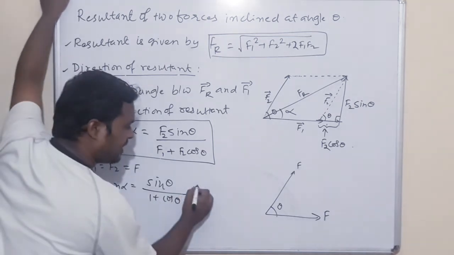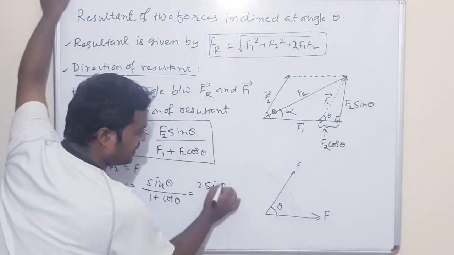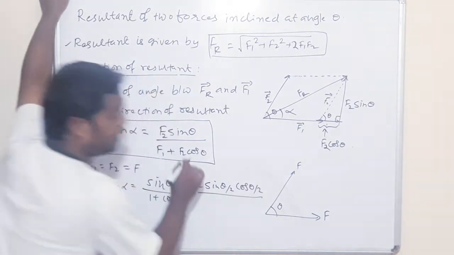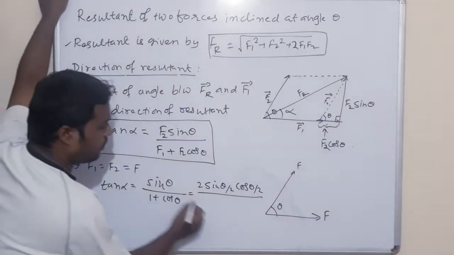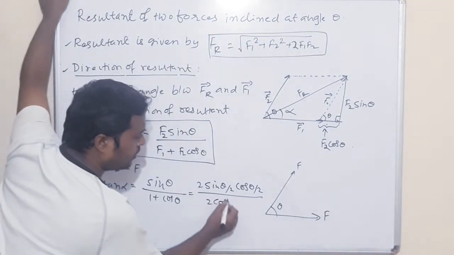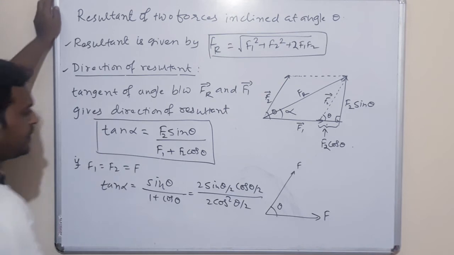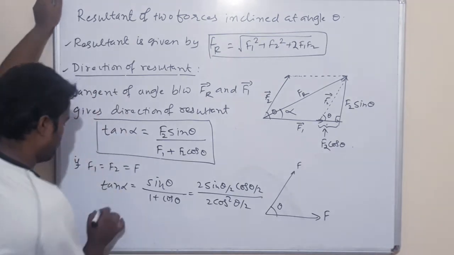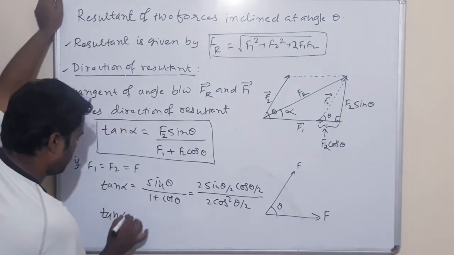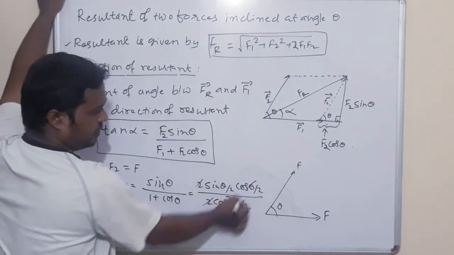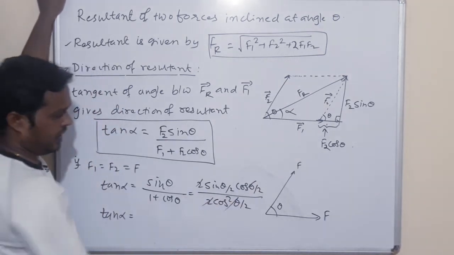What is sin theta? Using the sin 2 theta formula, this is 2 sin theta by 2 cos theta by 2 alone, and then 1 plus cos theta will be 2 cos square theta by 2. Then tan alpha is equal to, this 2 gets cancelled, one cos theta by 2 and cos theta by 2 get cancelled.